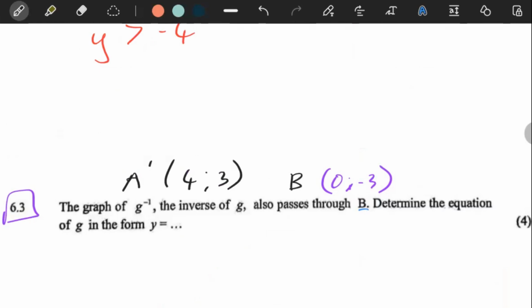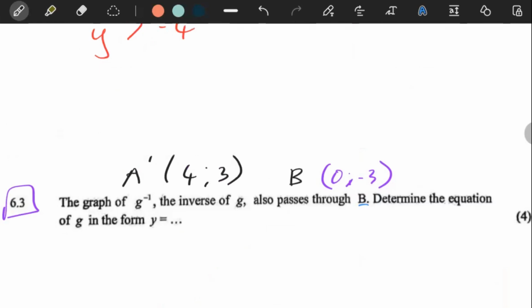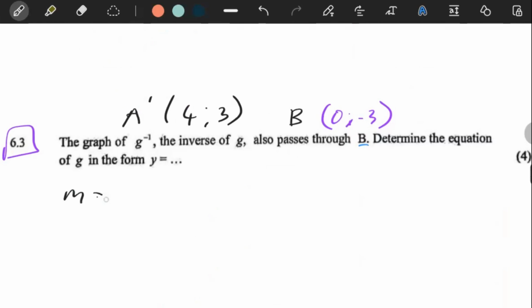So technically what that means is the gradient of the inverse, right? We can work it out by saying 3 minus negative 3 over 4 minus 0. This would give us 6 over 4, which would give us 3 over 2, right? That's the gradient.